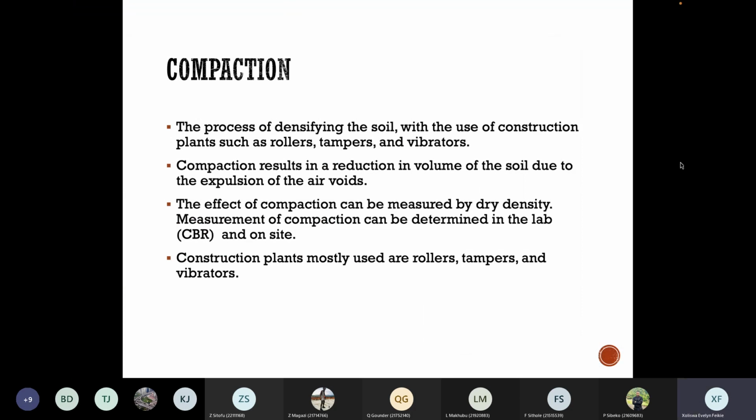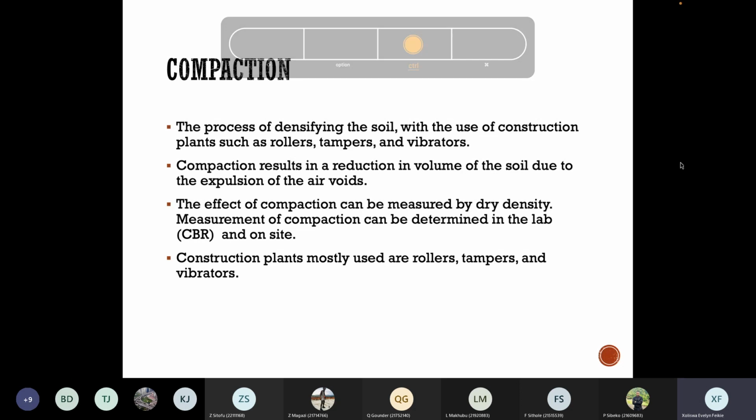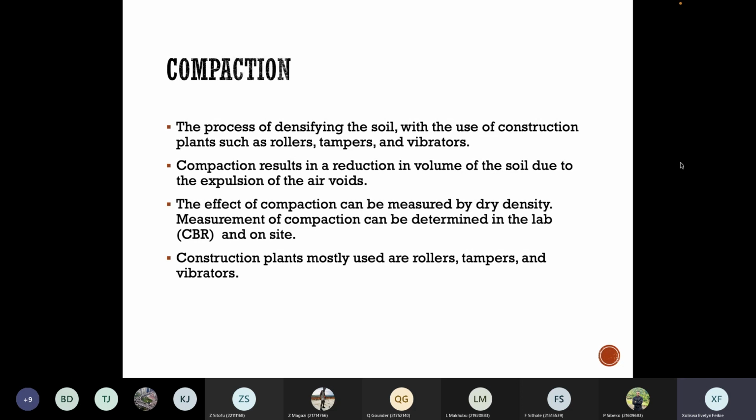The last time we covered a section of soils, right? And we spoke about a lot of things relating to soil and how the chapter on its own is structured. We spoke about mostly the identification of soil.